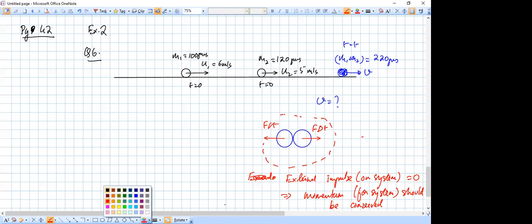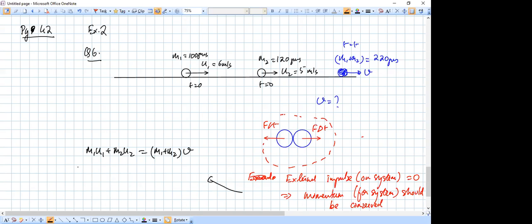So that is why in the sixth one now, when we apply momentum conservation, Bhagesh, your answers are correct. What should happen is initial momentum, which is m1 u1 plus m2 u2, because they are both in the same direction, should become final momentum, which is total mass into final velocity. So this should become 100 into 6 plus 120 into 5 should become 220 into v.